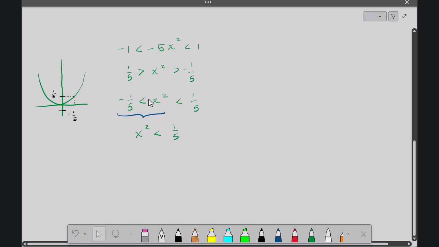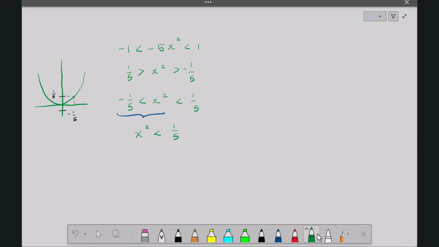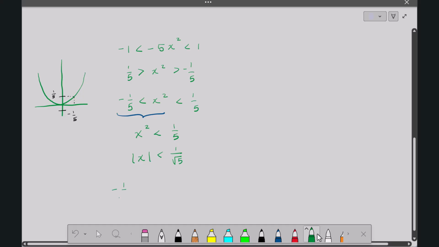So the solutions to this compound inequality really are the same as the solutions to this inequality. And at this stage, we can take the square root of both sides. The square root of x squared is the absolute value of x, and the square root of the right-hand side is 1 over root 5. And so this leads us to the compound inequality: minus 1 over root 5 is less than x is less than 1 over root 5.